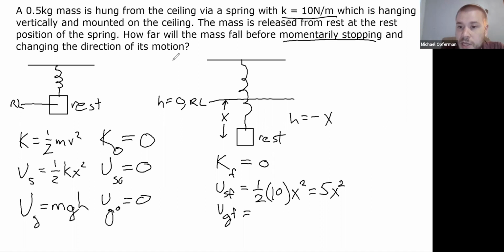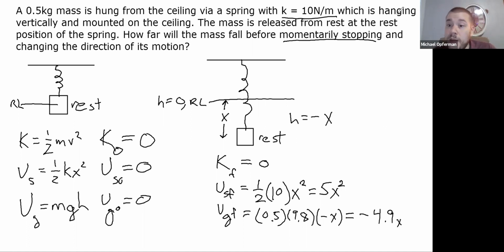So I'm going to use mgh here. M is 0.5, g is 9.8, and h is negative x. So this is also unknown, but contains the same variable x as the spring energy. So this is going to be negative 4.9x.